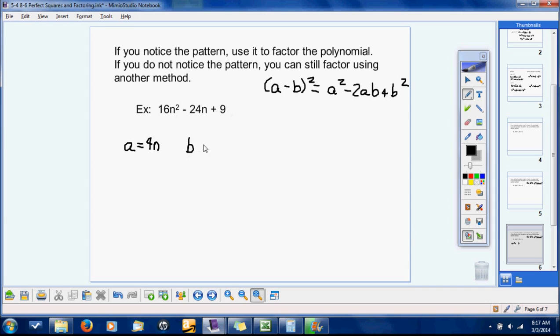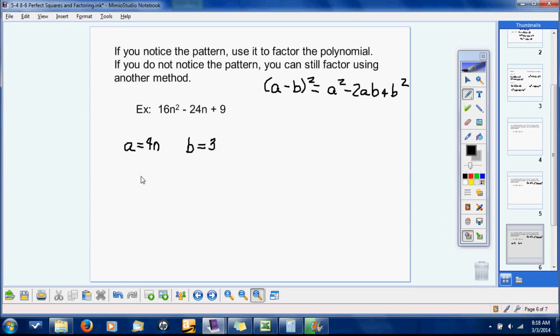B is 3. 3 times 3 is 9. Now it only works if this middle part is 2 times what you get when you multiply these.